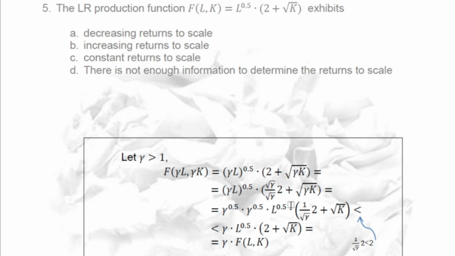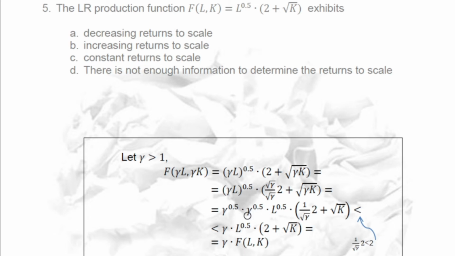What I can do is, and it's not the only way to do this, if you find an easier way, it's perfect, multiply by the square root of gamma and divide by the square root of gamma. Then I can take out the square root of gamma, so that we have gamma elevated to 0.5 times this square root of gamma.